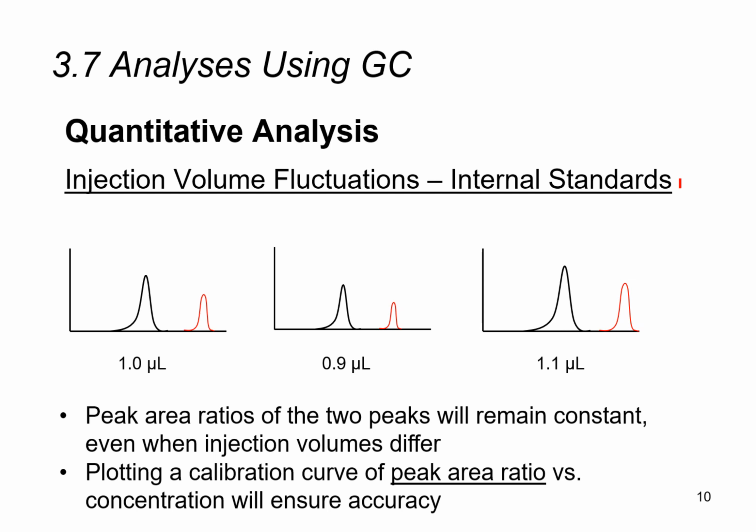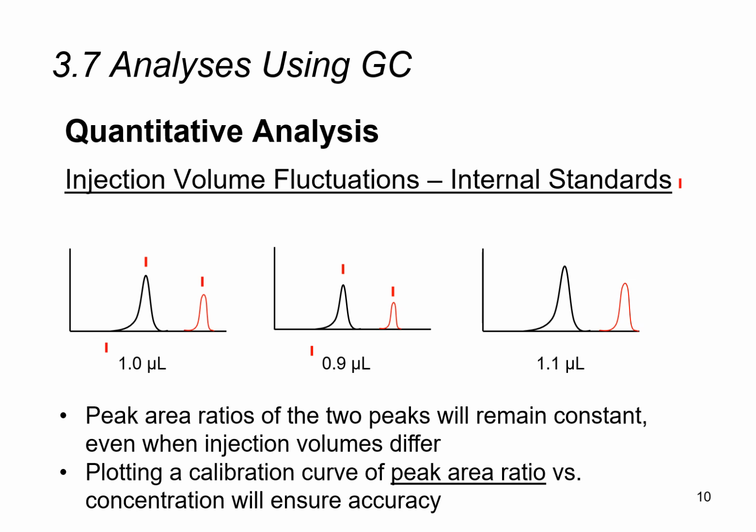Well, if we look at my first picture here, in a 1 microliter injection, I have my ethanol peak, the black peak, having a certain size, and my propanol peak, the red peak, having a certain size. In the second injection, where I accidentally inject a little bit less, logically both the ethanol peak and the propanol peak decrease in size.